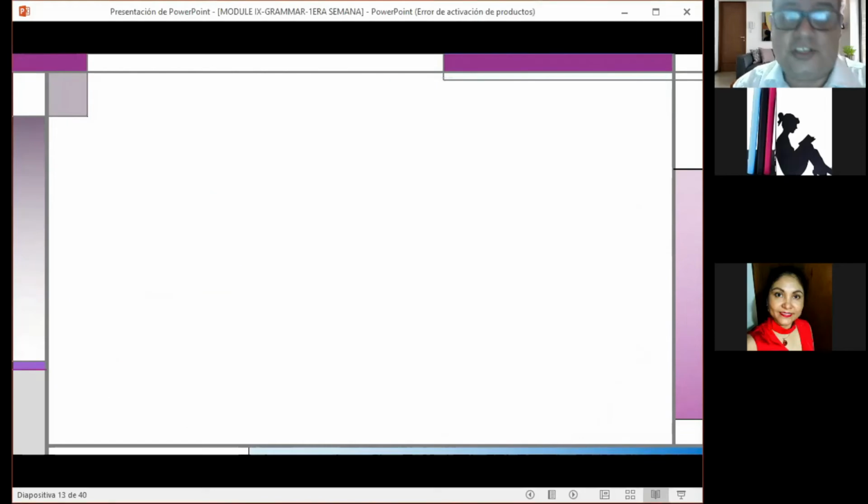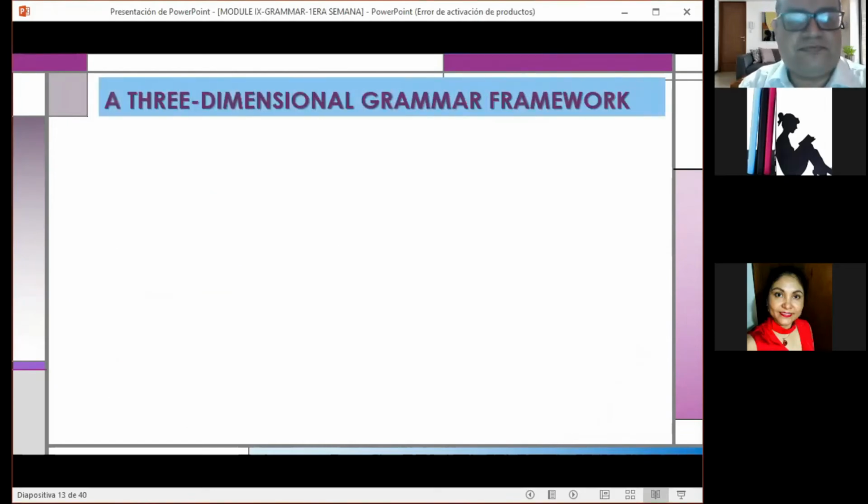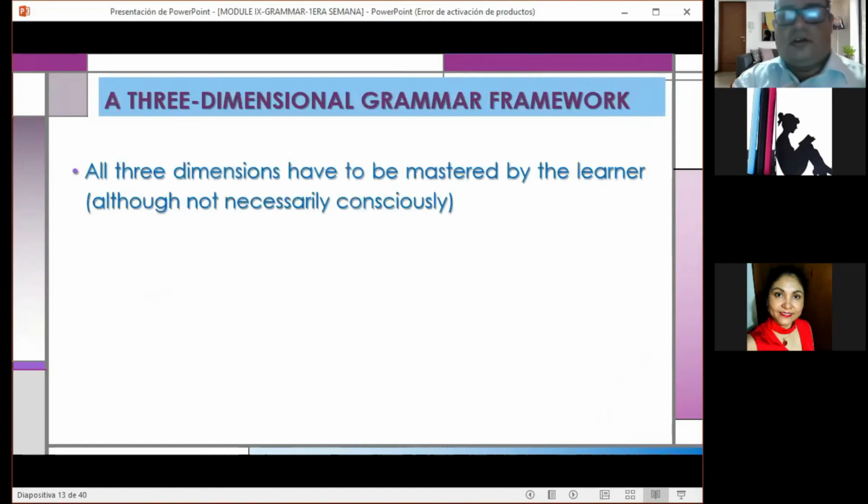And here as teachers, we need to remember these three dimensions of grammar. All three dimensions have to be mastered by the learner, although not necessarily consciously, no? So this is very important. We as teachers need to learn or master them consciously, but for the students or learners, it's not so important to learn these aspects consciously.